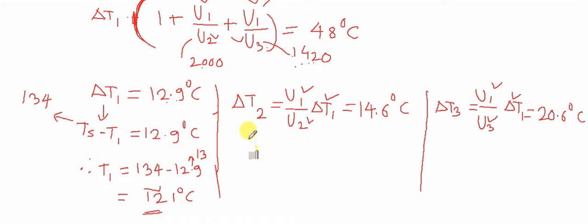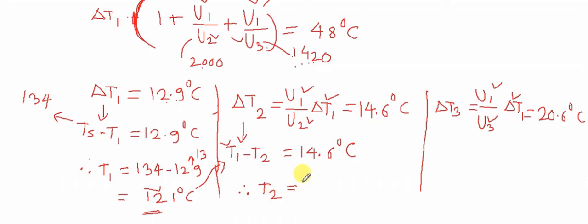Right? Similarly, delta T2 means T1 minus T2, and that is equal to 14.6 degrees Celsius. We know the value of T1, we have just calculated it here. You substitute it, and from this you will get T2: 121 minus 14.6 degrees Celsius.